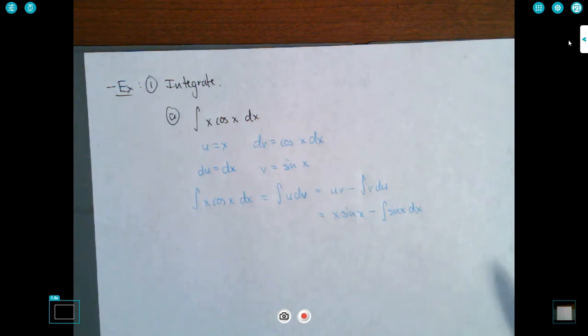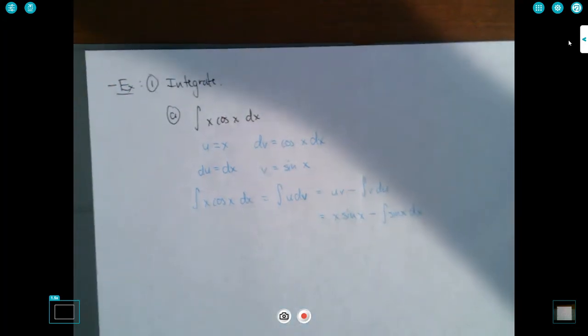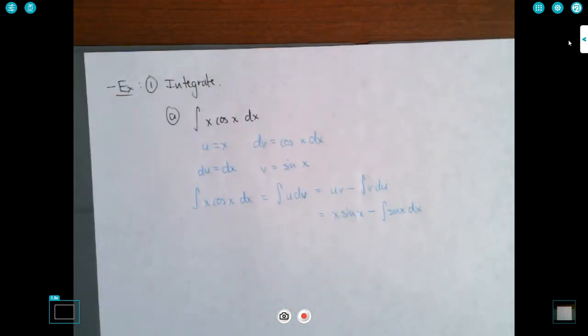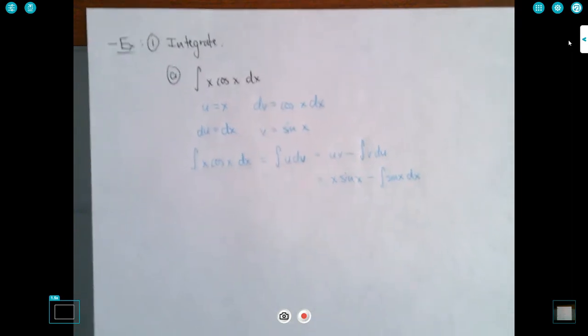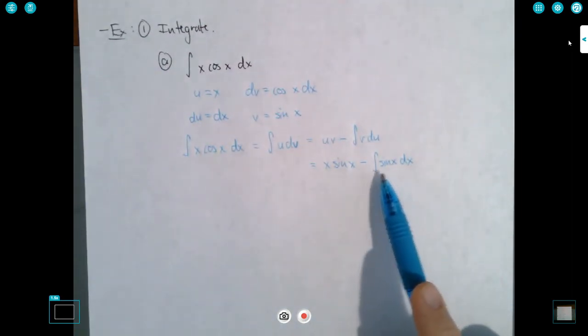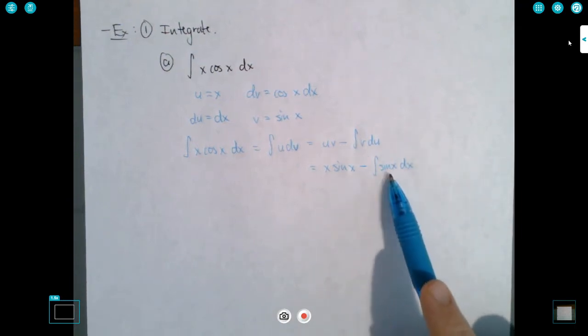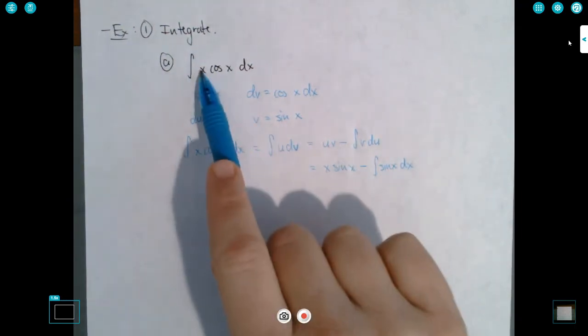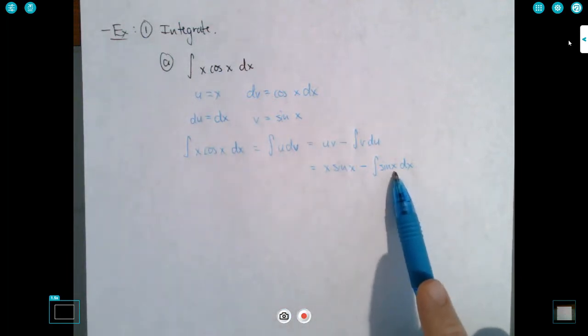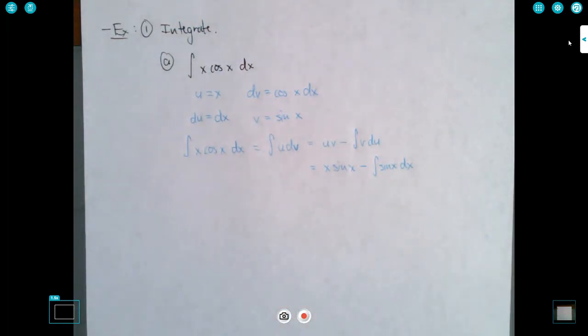And notice what's happened now is that the thing that we have left to integrate is easy to integrate, right? It's not a product like what we started with. We just have to integrate sine x, right?